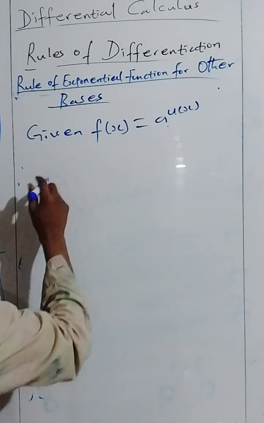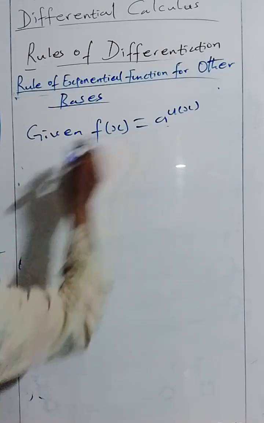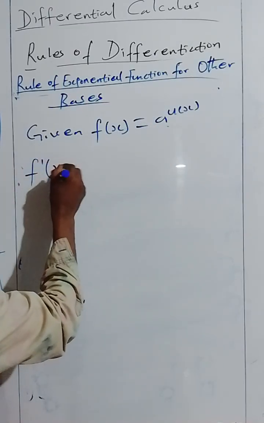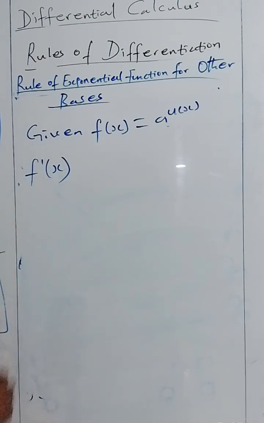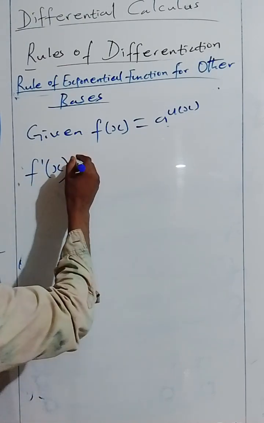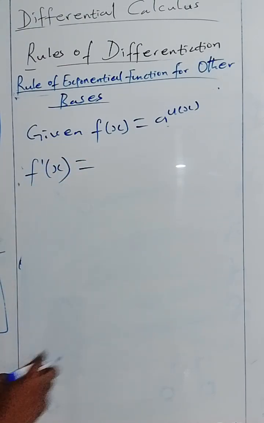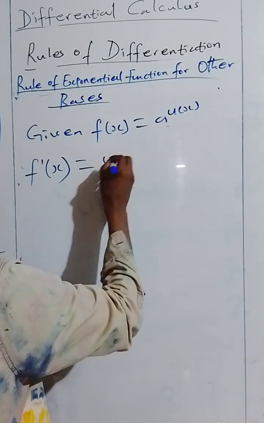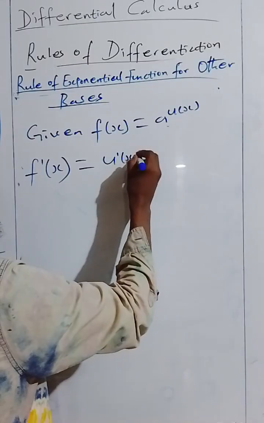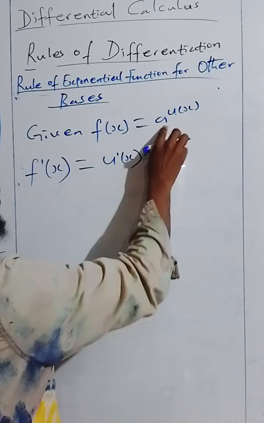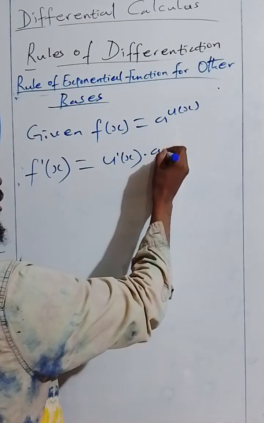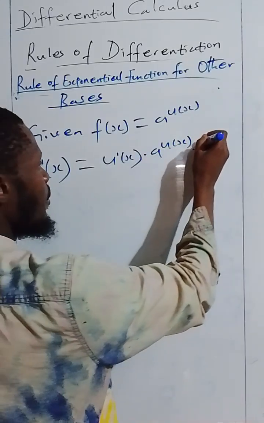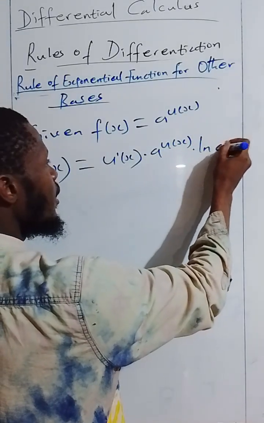If we are asked to find the derivative of this function, the f prime of x will be equal to: we differentiate the power here, so we have u prime of x, then multiply by the original function a to the u of x, then multiply by ln a.